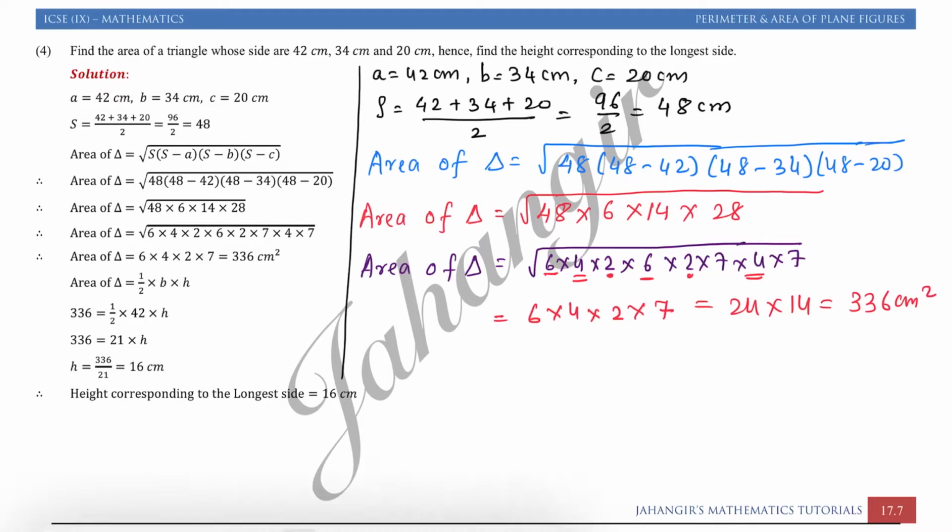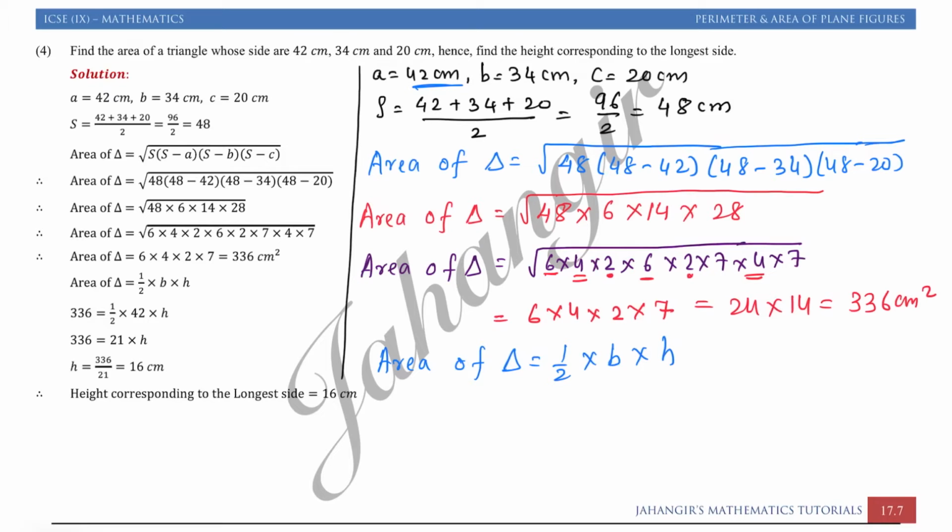Once you get the area, you can find the height corresponding to the longest side. Again, we are taking the height corresponding to the longest. In this, the longest side is 42. So we can say the area of triangle is equal to half into base into height.